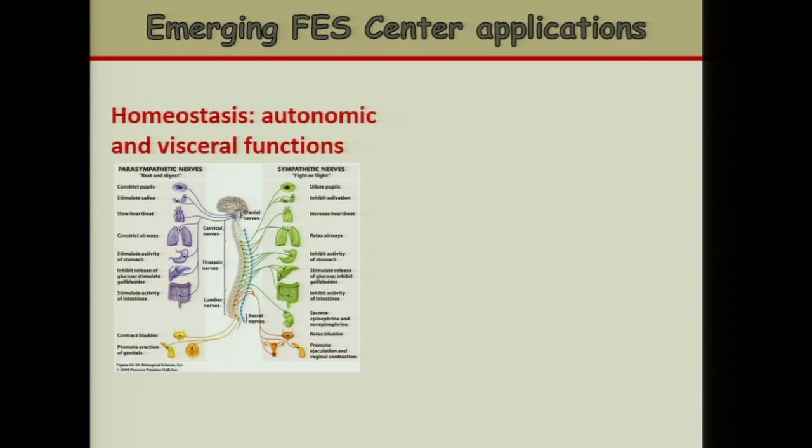Just about every organ in the body responds to the autonomic nervous system, and we can stimulate that very precisely to make things right. We have all the tools to do this. It's peripheral nervous system interventions in many cases. We know how to do that. We're looking for collaborators to help us with the clinical and physiological side of this.